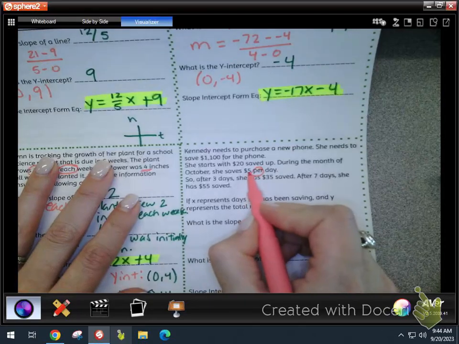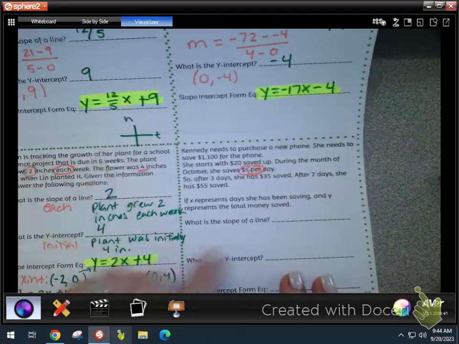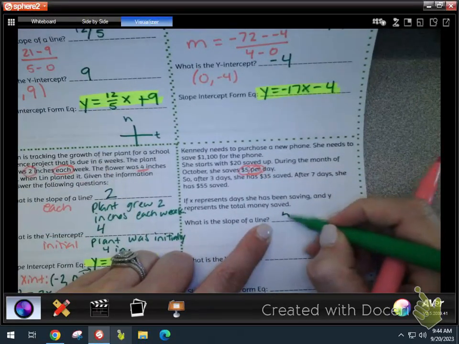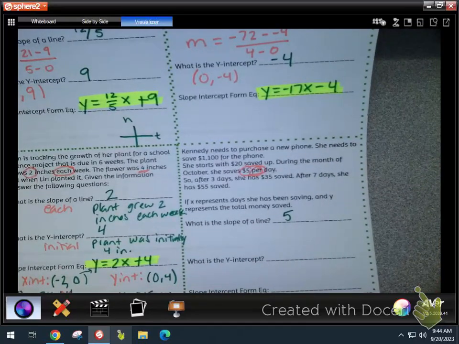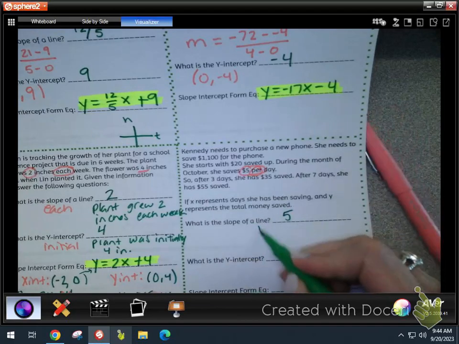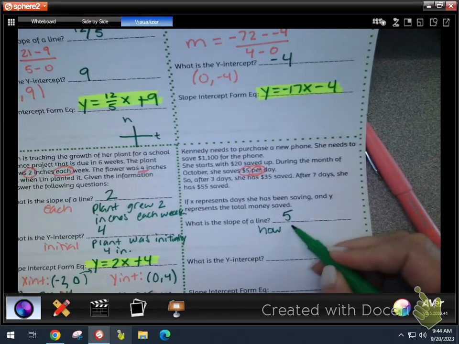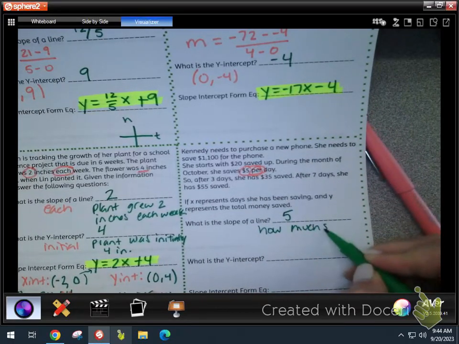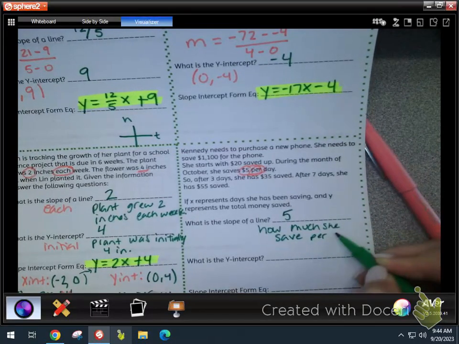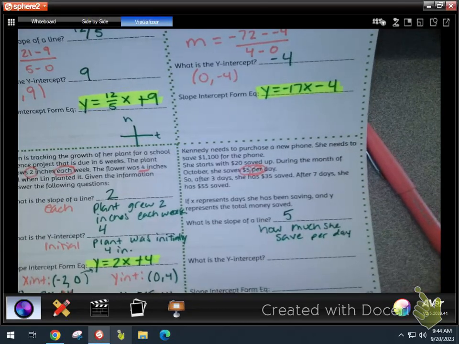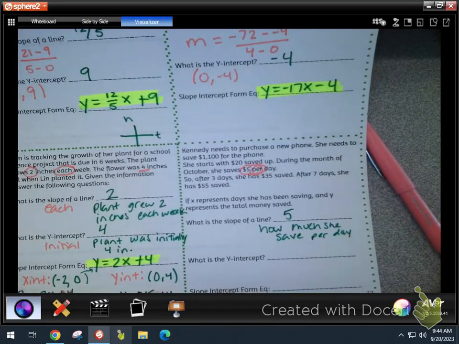What is the actual slope? What number goes next to per? So $5, which we'll just put a 5. We're not going to put money signs in there. So that's the slope. What does it mean? How much she saves per day. So y-intercept.